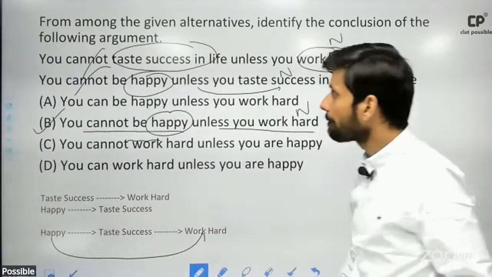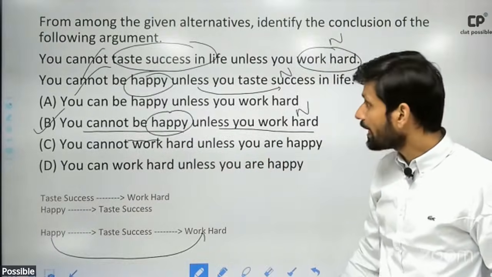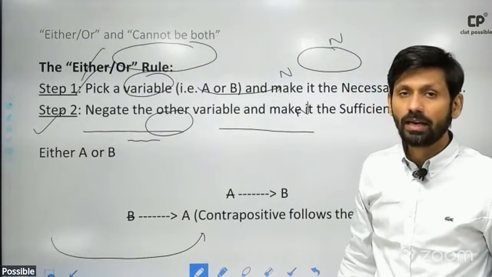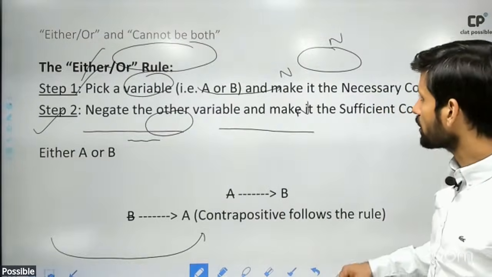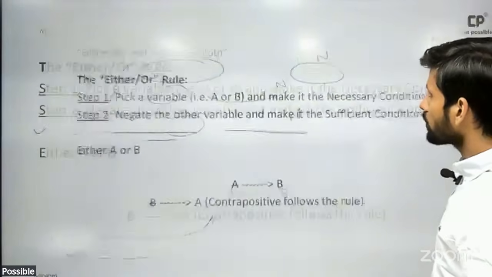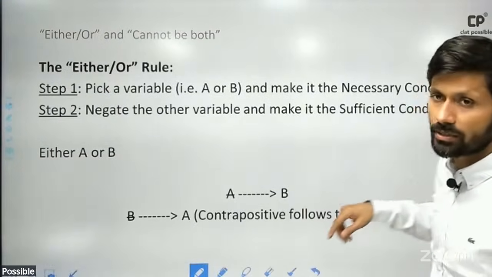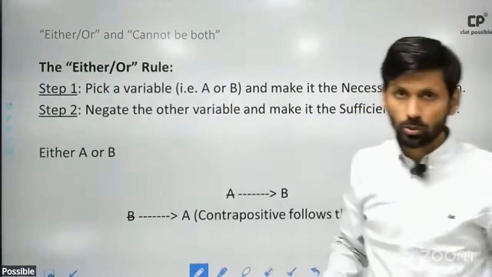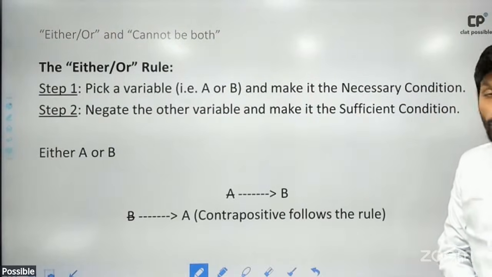Then, so this was tested, unless was tested in AILET, and so was either or and cannot be both. Either or, I think we are doing a question. Cannot be both, I haven't included a question in this particular presentation, but yes, let's look at the rules. So either or, how do we treat it?